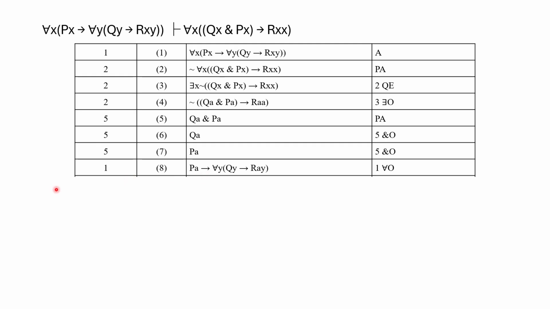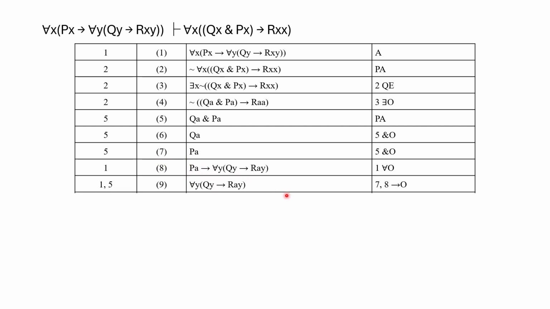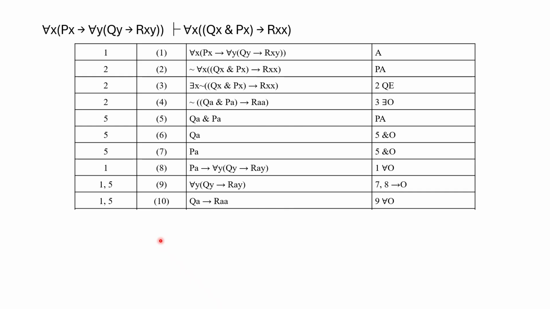So I can get the consequent though from 7 and 8 arrow out, and now I have a universally quantified statement in 9. And since we're trying to get something that is RAA, we should use another A for our universal out again.